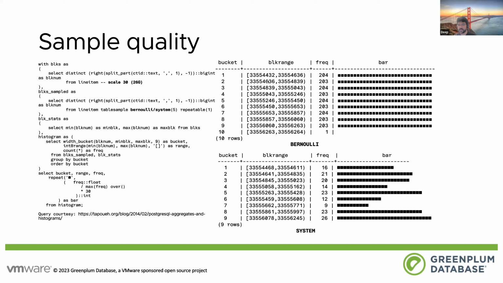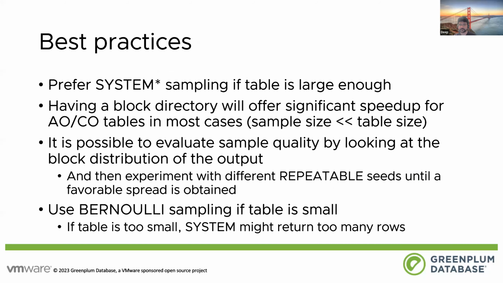With Bernoulli, you get a much more uniform distribution of block numbers from which you get the rows, whereas a lot fewer rows are picked for system, and the block numbers are also not as uniform. This is just a construct that you can use to look at what kind of blocks are being selected from your table with the Tablesample.